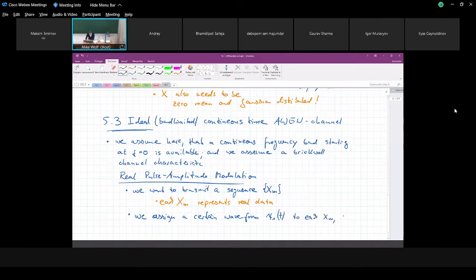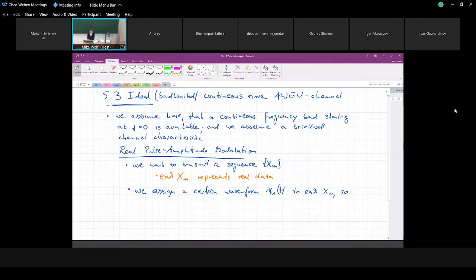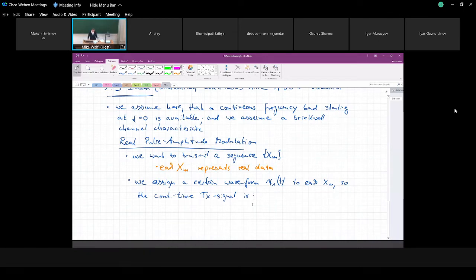So the continuous time transmit signal, now rewrite this, it looks like this. This is the general form of a pulse amplitude modulated signal.